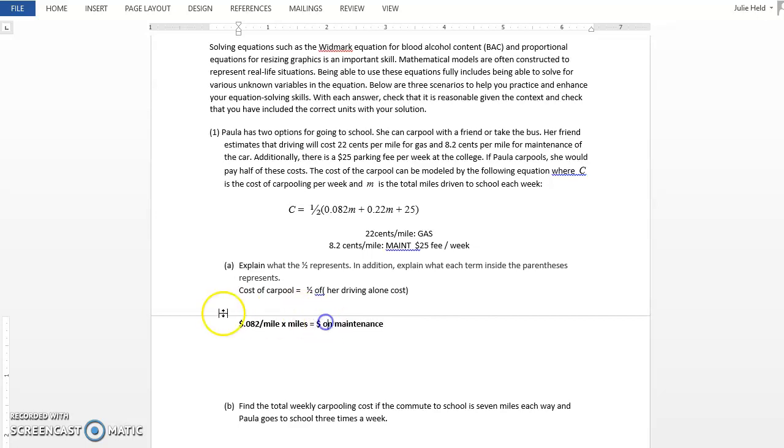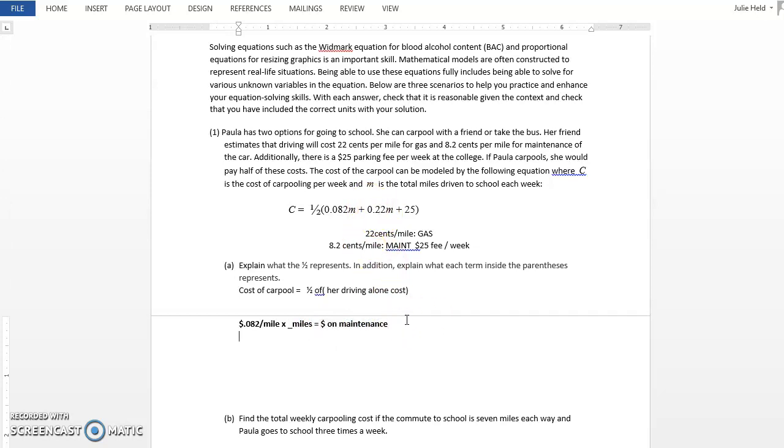I didn't put a number there because it depends on how many miles she goes. But multiplying those gets rid of the miles. And that's what M is, right? So 0.082 times M miles gives me my dollar amount that I would spend on maintenance.